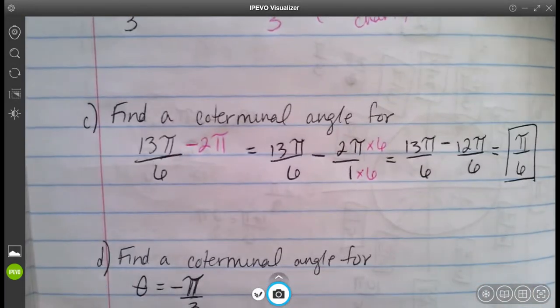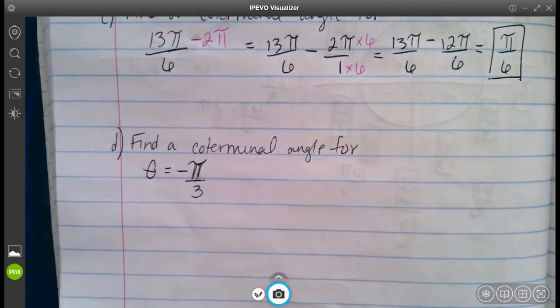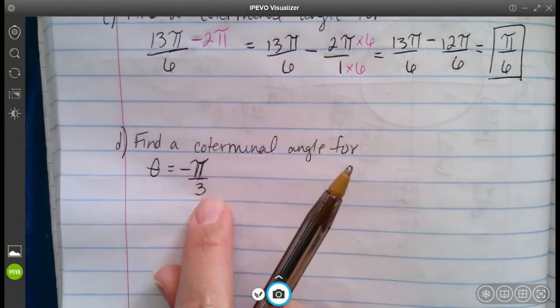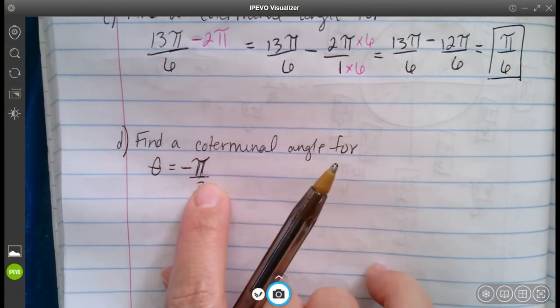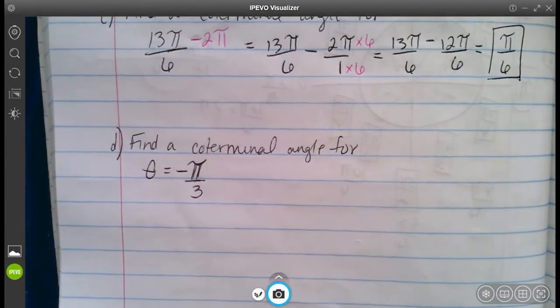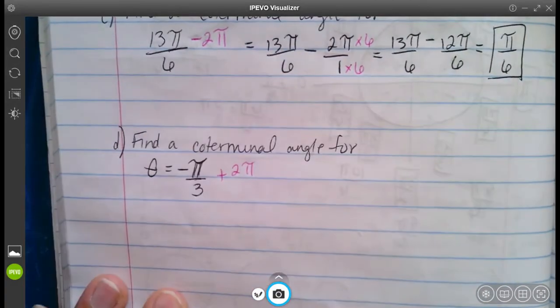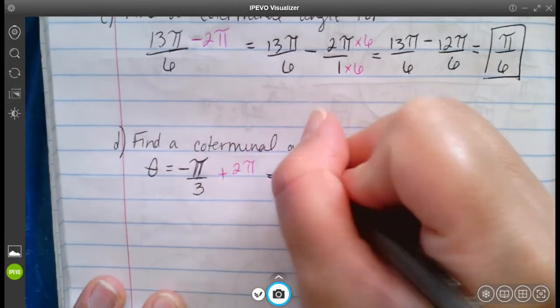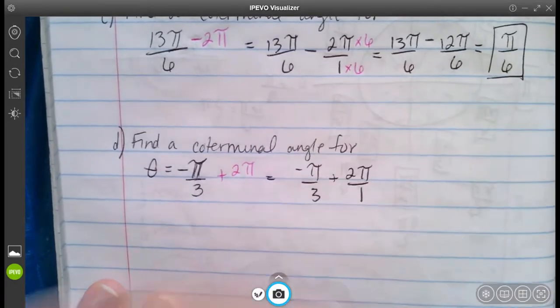Last one, find a coterminal angle for negative pi thirds. Theta equals negative pi thirds. So this one is just written a little bit differently. I'm telling you that the angle is equal to this. So I'm going to do the same thing. Let's go ahead and add 2 pi for this one. So plus 2 pi is going to be negative pi over 3 plus 2 pi over 1.